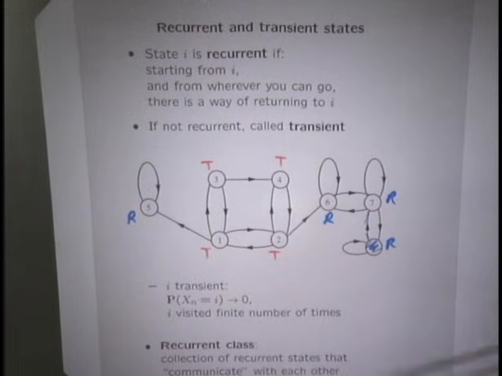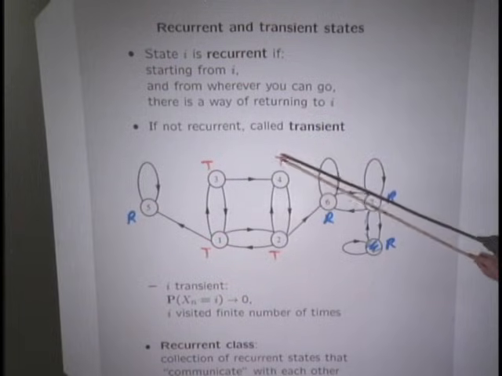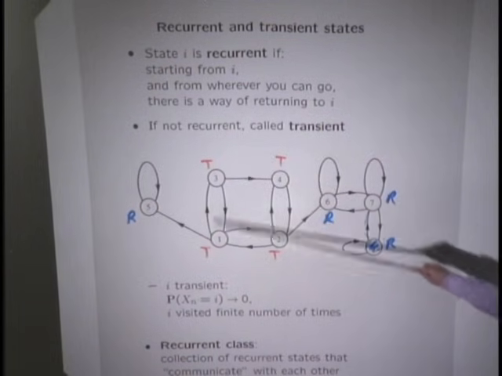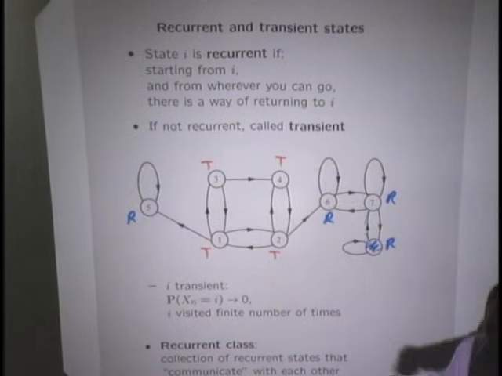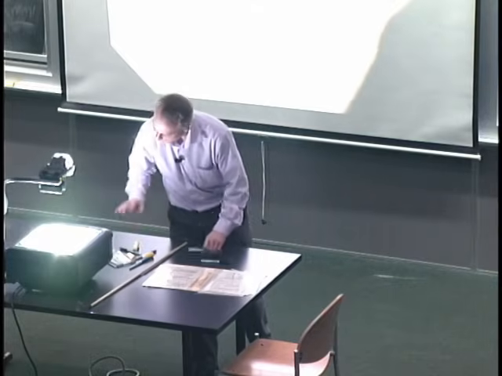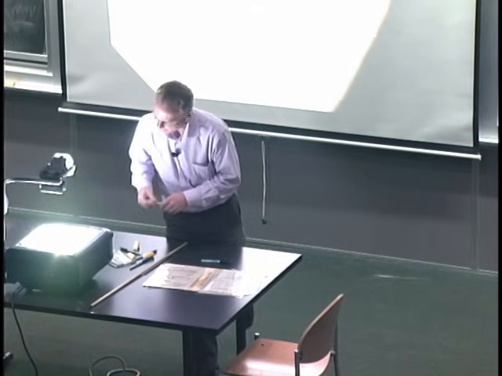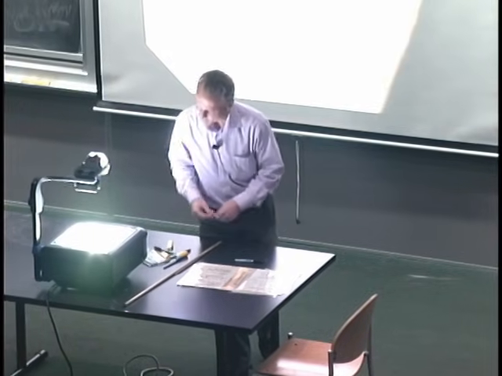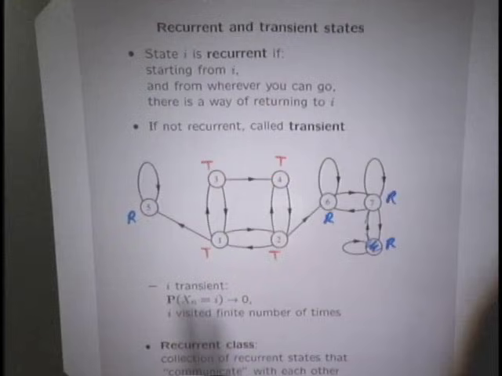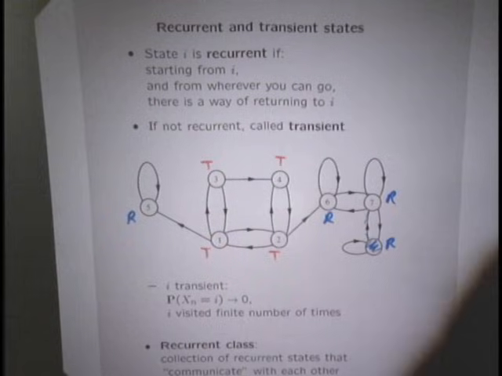But if you have infinite chances to escape, eventually you will escape. So you're certain that with probability 1, starting from here, you're going to move either to those states or to those states. So starting from transient states, you only stay at the transient states for a random but finite amount of time. And after that happens, you end up in a class of recurrent states.